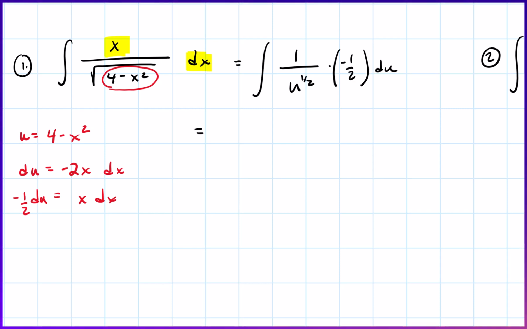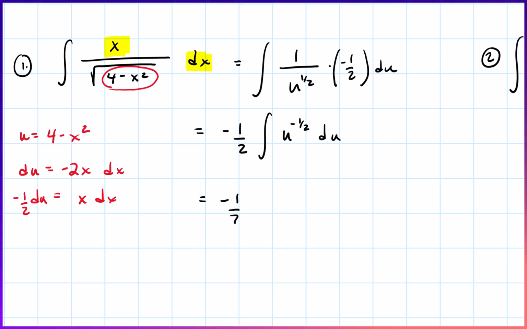And look at that, since I can make the u substitution, even though this is of the form the square root of a squared minus x squared, which we're going to talk about a new strategy for dealing with, I want to use my previous strategy, my u substitution, because this is a simple u sub problem. It becomes negative 1/2 times the integral of u to the negative 1/2 du.